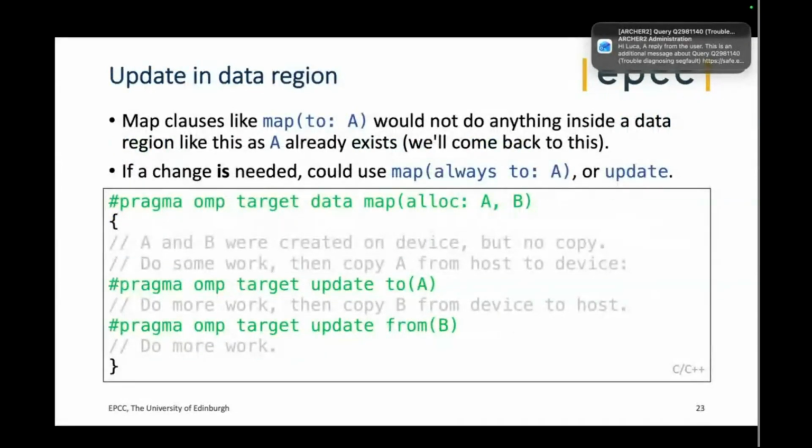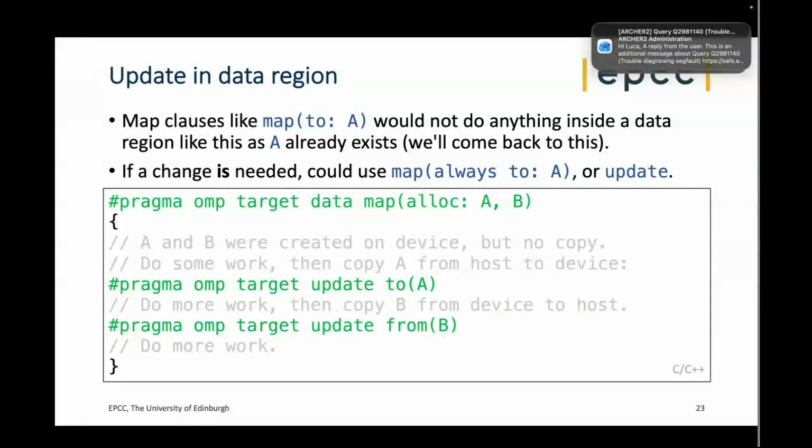Okay, so these are some examples of the ones we've seen. In this case, we have an outer data region where we are allocating two arrays, A and B. And at some point, we're on the GPU and we call OpenMP target update. So that means please do the data transfer. A and B are already there, but I still want to do a data transfer. Then you have to tell it in which direction.